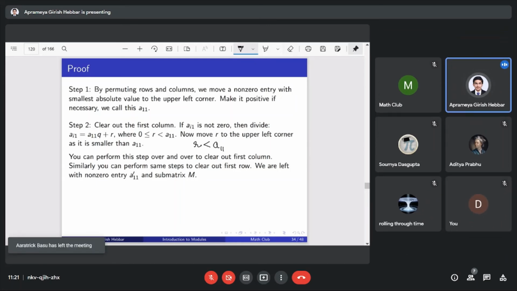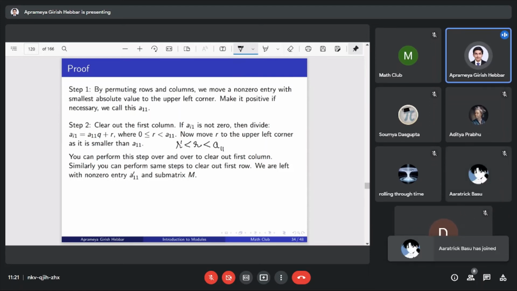Now again you would perform this on some other element in the first column, and you get some r dash, which would again be less than r. You can keep on doing it, but you can't keep doing it infinitely many times because we have integers, and this process is going to end. Let's say it gets to 1, all of these are again greater than 0. If it gets to 0, yes.